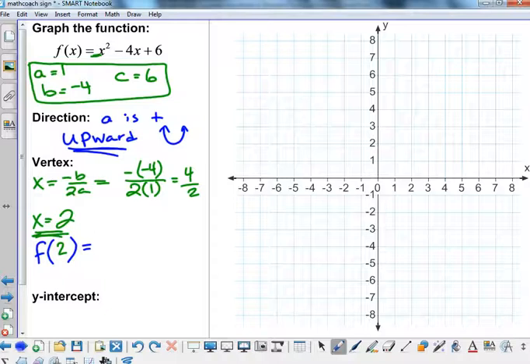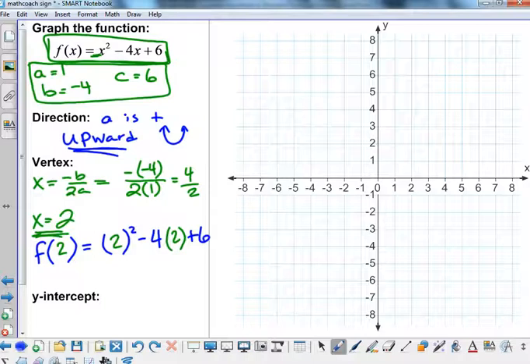So the function of 2 would be equal to 2 squared minus 4 times 2 plus 6. And again, I'm just taking this function right up here and plugging 2 in for all the x's.